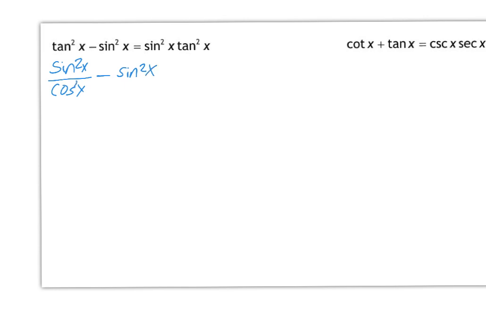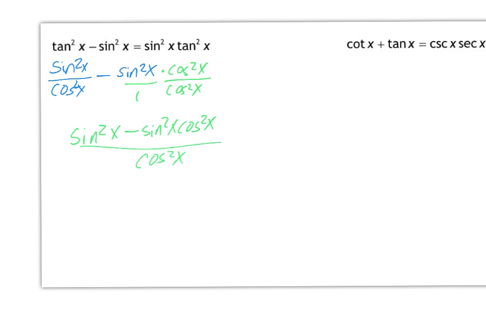I forgot my squared there. So I could write this as cosine squared x over cosine squared x. When I combine these two things, we've got sine squared of x from the first part minus sine squared of x cosine squared of x over cosine squared of x.